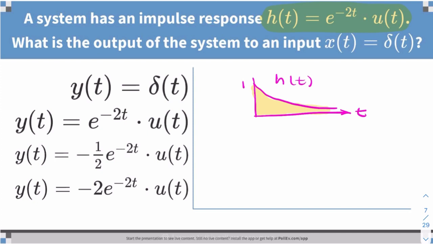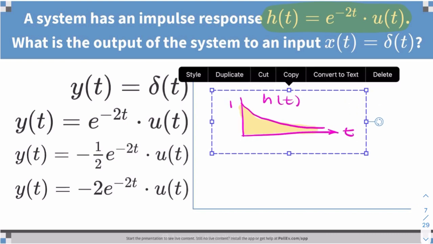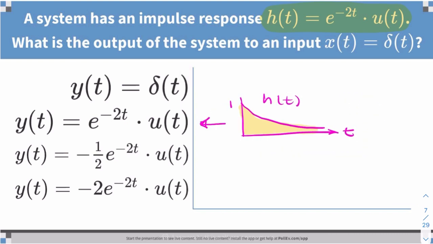Now the question says, what is the output of the system if the input is a unit impulse? So that's almost a trick question. If the input is an impulse, then the output is h of t, by definition. That is my answer. Why?